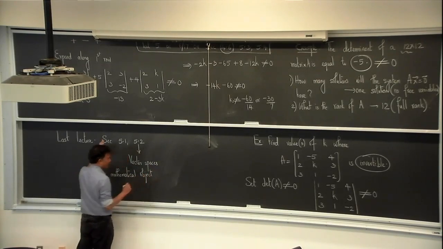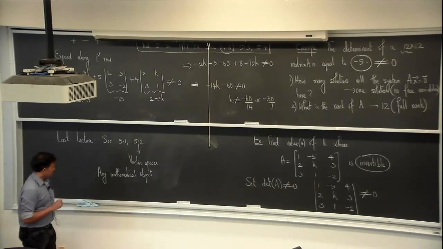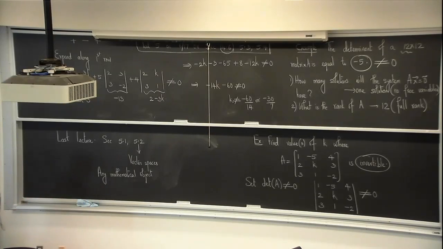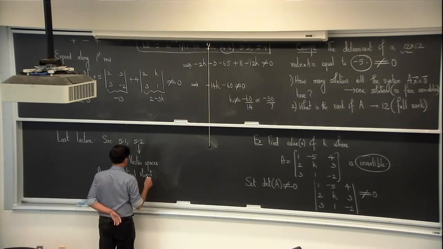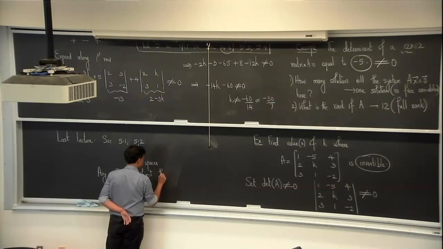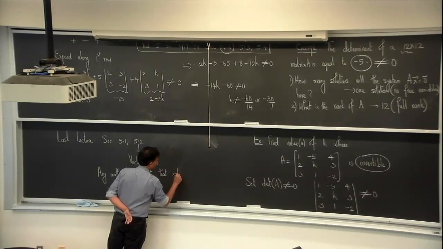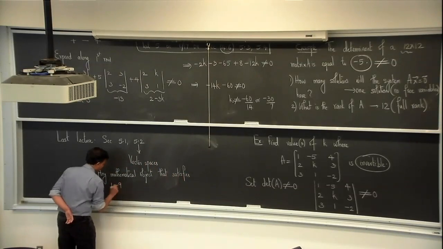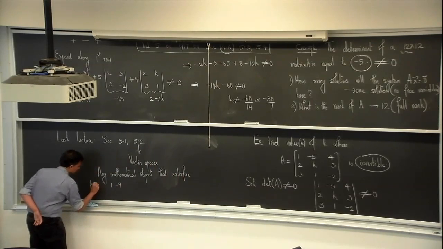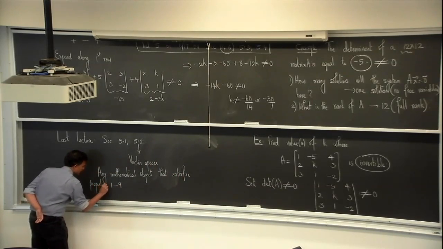I'm not going to rewrite those 9 statements here. It has to be closed under addition, scalar multiplication, commutative, associative, distributive, all kinds of things. And so any mathematical object that satisfies those properties 1 to 9, okay. This was written on Thursday around this time.